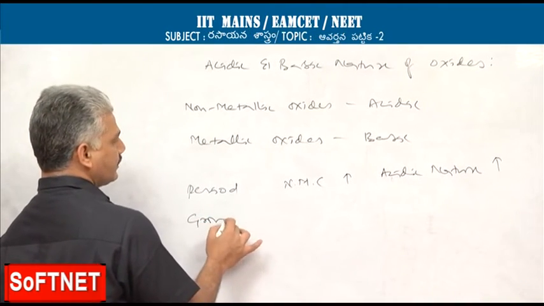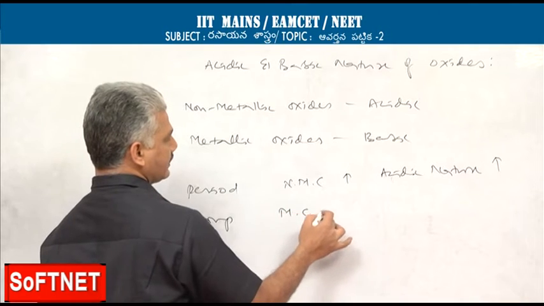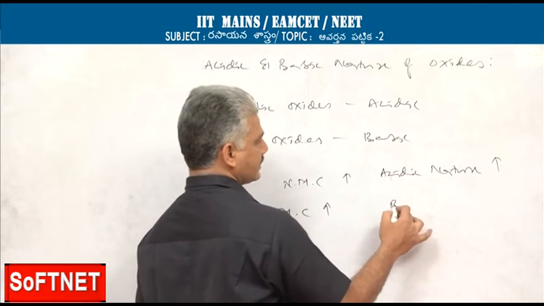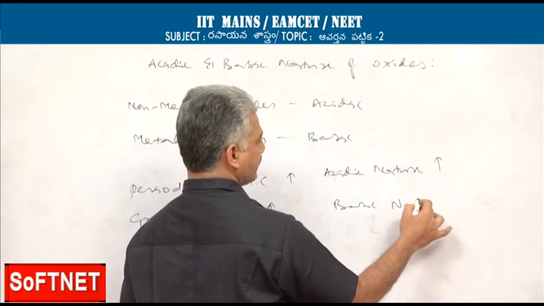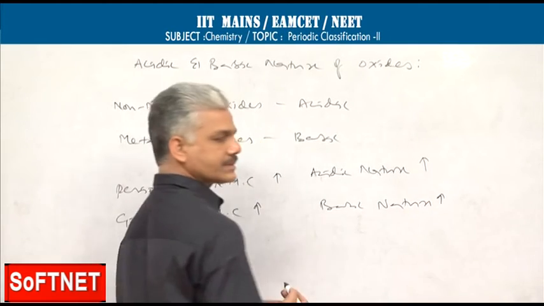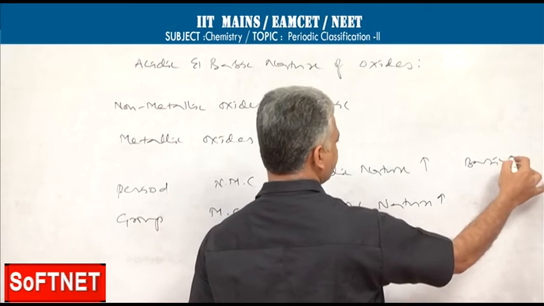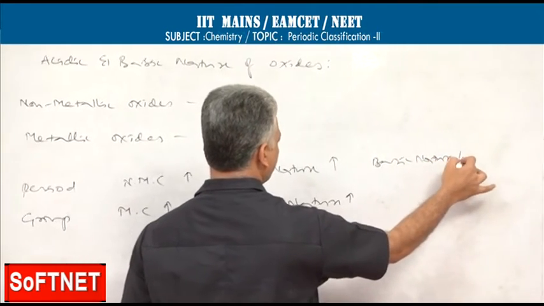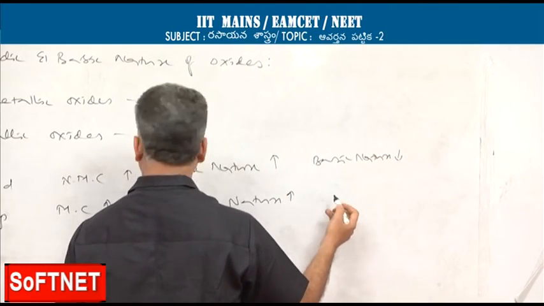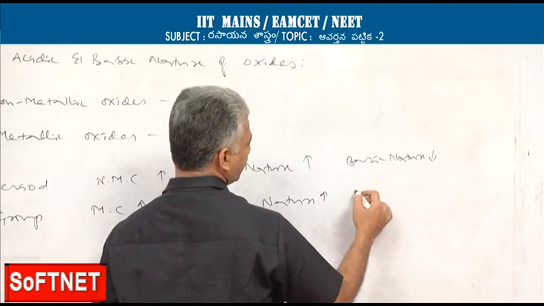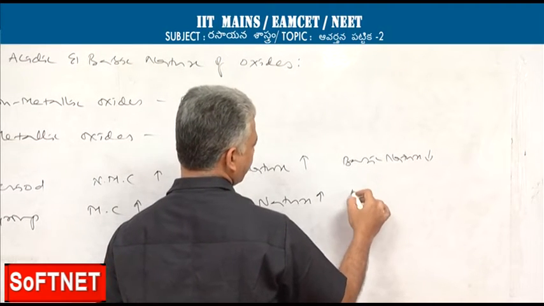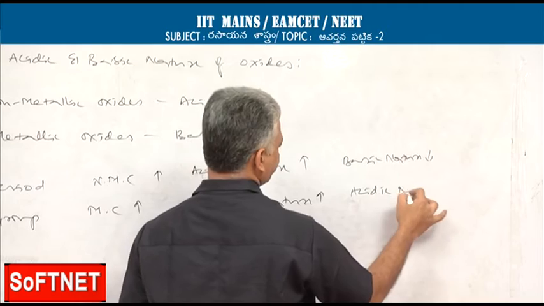Whereas, in a group, metallic character increases and hence basic nature of oxides increases. So, along a period, basic nature decreases, whereas in case of group, as we move from top to bottom, acidic nature decreases.